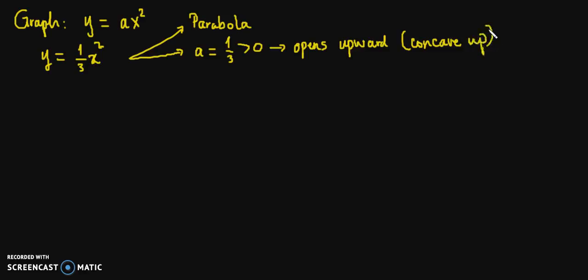Okay, and the next thing is you need to find the vertex. So what would be the vertex for this? Now in this section it doesn't give you the formula for the vertex.